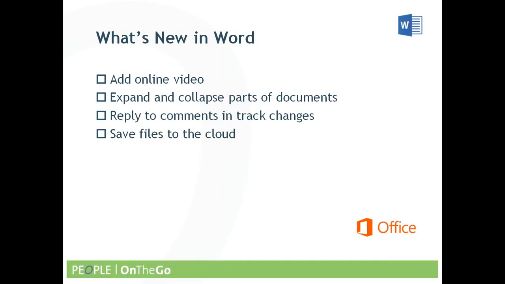Again, we talked about this a little bit, but we are able to add online video to our Word documents. We can also create headers in our documents, and we can expand and collapse part of them with Word. This is useful when we're creating any sort of table of contents. We can expand and collapse these items within our document.